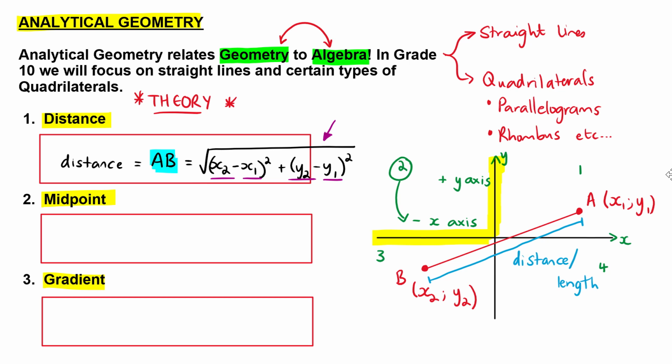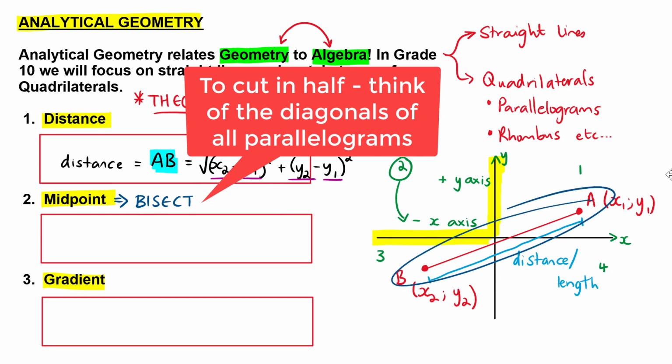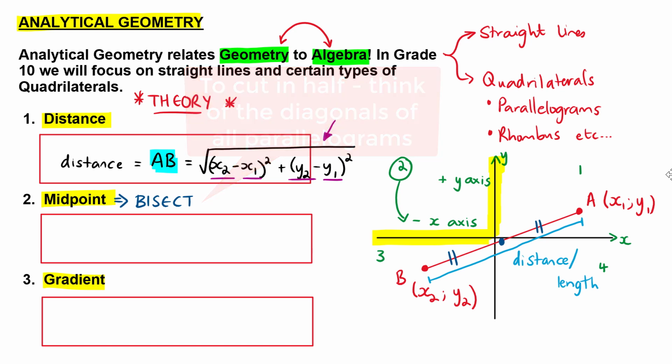The next one that we're going to look at is the midpoint formula. Now, the midpoint formula should make you think of a word: bisect. Bisect basically means to cut in half perfectly. So if I ask you the question, where is the midpoint of this line AB over here, you'd have to look for the middle point over there and realize that that point and that point, or those two lines, would be bisected, cut in half perfectly.